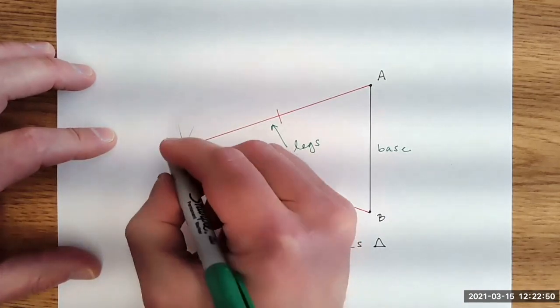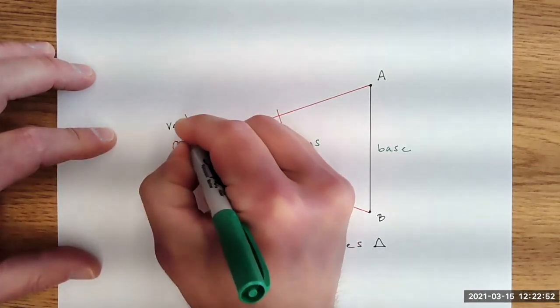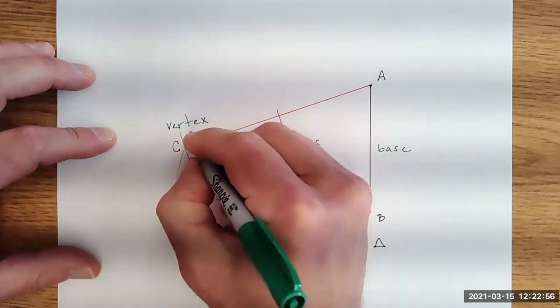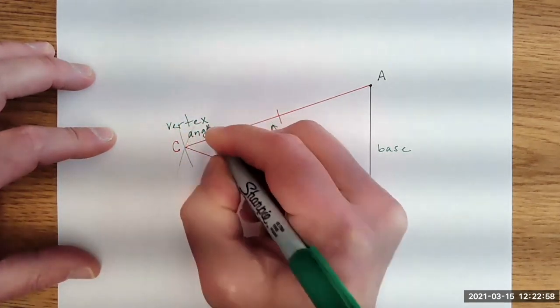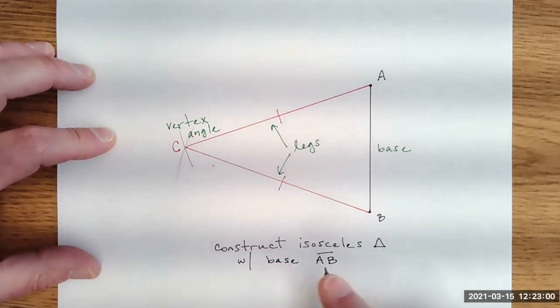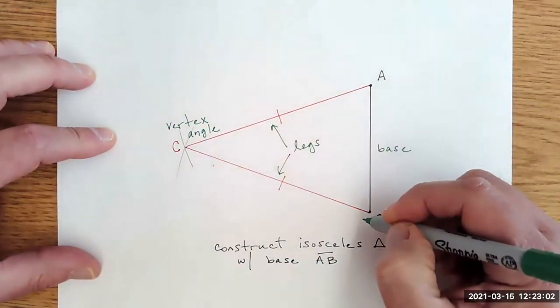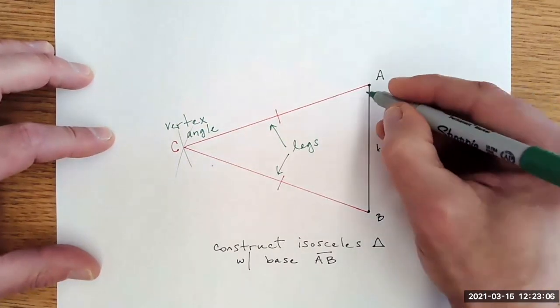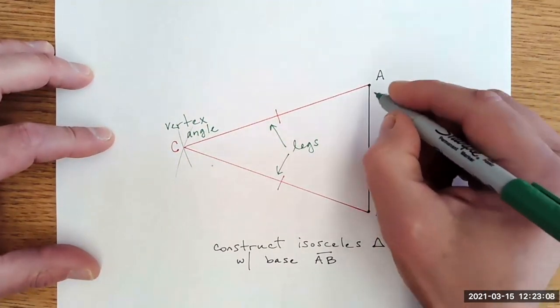C is known as the vertex, or the vertex angle. Angles A and B, because they are on the base, are base angles.